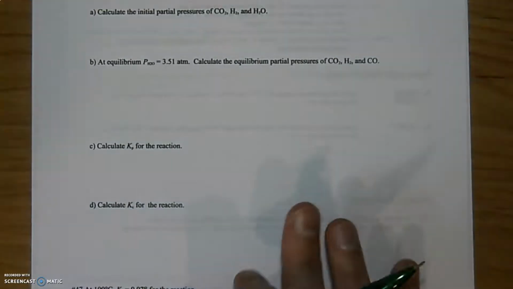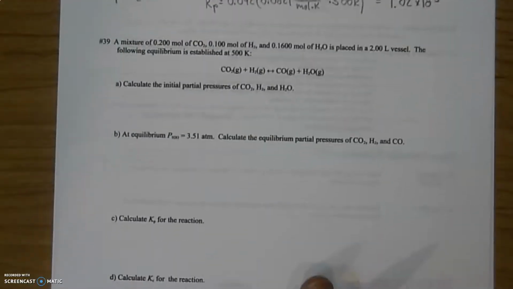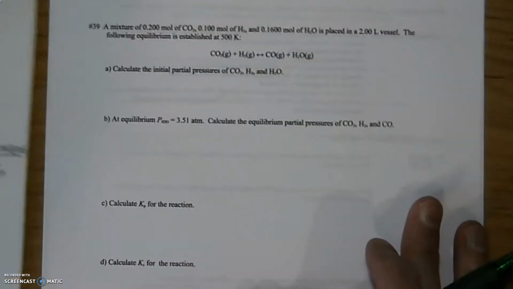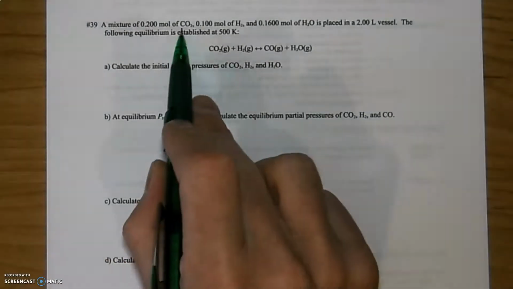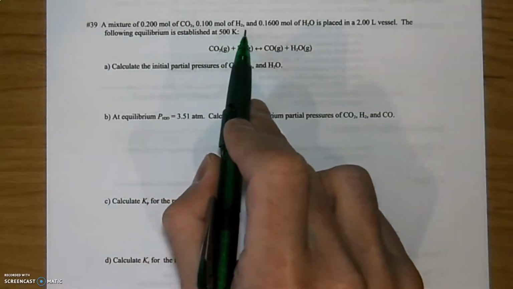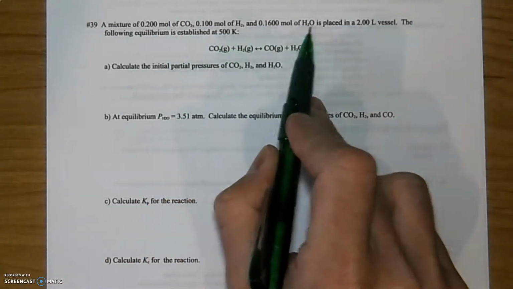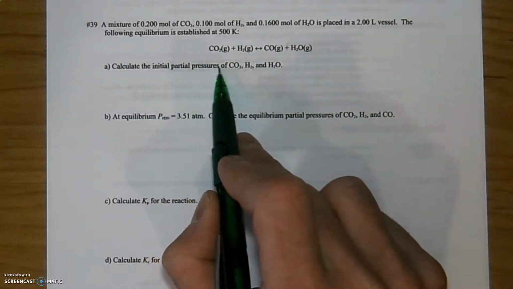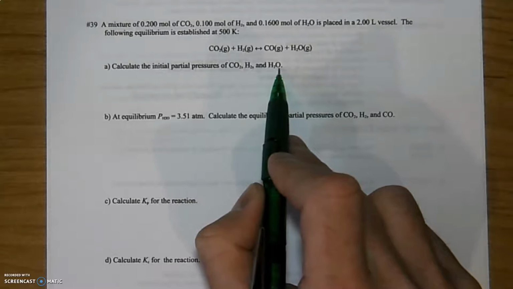So we're looking at number 39. You have a mixture of carbon dioxide, some hydrogen, and some water in a container. The following equilibrium is established. There it is. Okay. Calculate the initial pressures of the three gases.